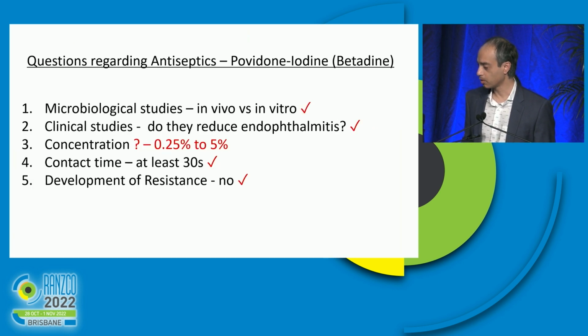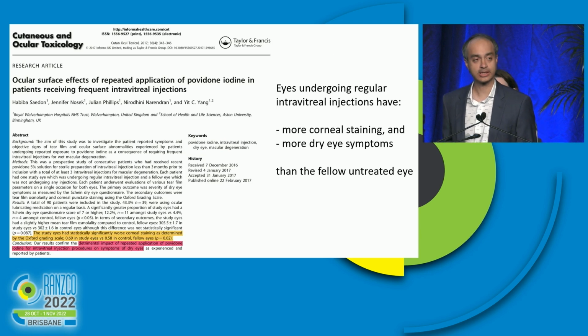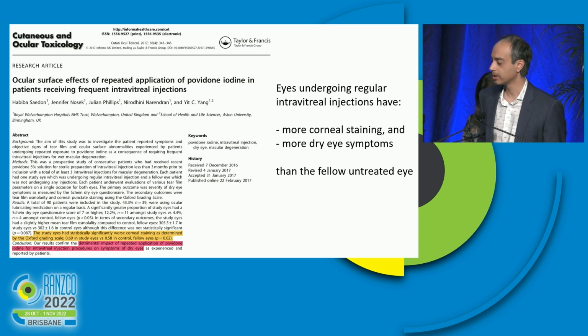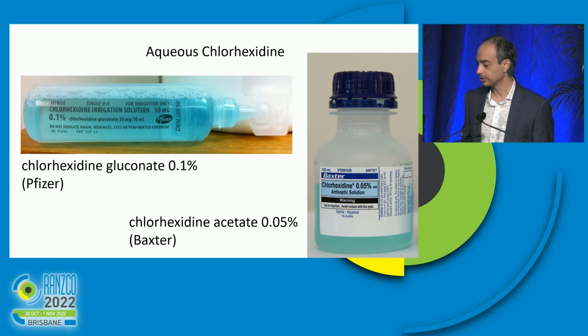So we know a lot about betadine. The one thing we're a little bit uncertain about is what concentration to use. And as we all know, a lot of patients, particularly those with underlying dry eye, do get post-injection discomfort and pain. The alternative is aqueous chlorhexidine. These are the two formulations readily available in Australia.